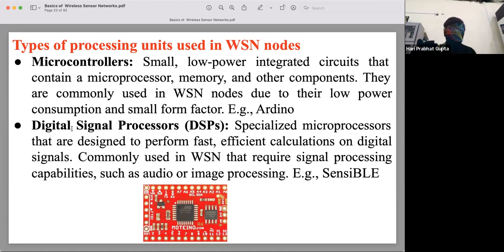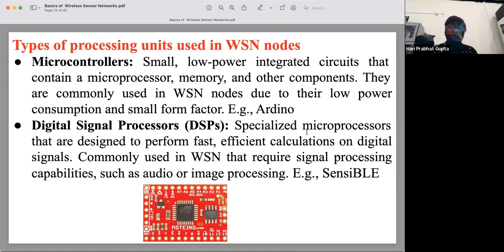Now we go one step advanced. Every time this type of low processing, small size, very slow unit is not sufficient for your application. Then you need to go to the DSP, digital signal processors. In that case, whatever nodes are there, you need to put digital signal processors.